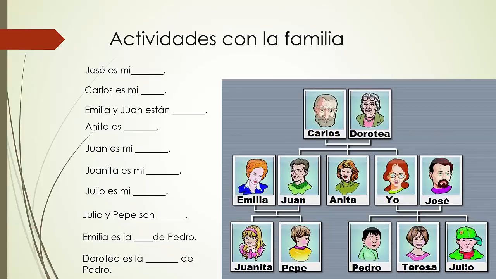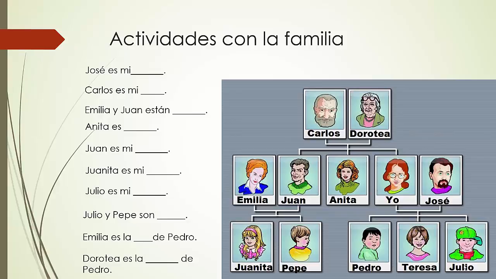I am going to give you this picture of the family tree, and a sentence like Jose es mi blank, and you'll have to find me on the picture. I'm going to use this same exact picture. You'll have to find Jose and figure out that Jose is my husband, and then remember the word for husband, which is esposo. Okay?